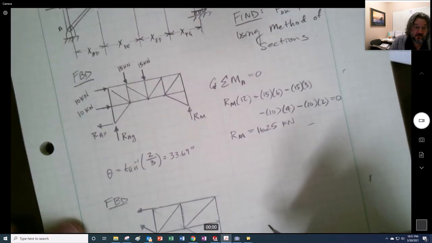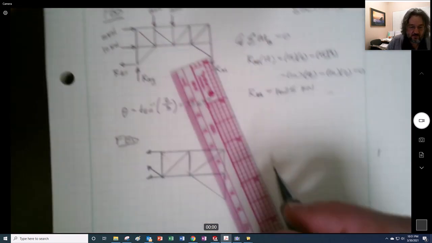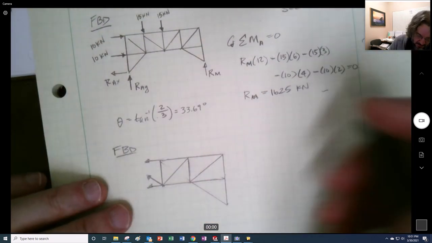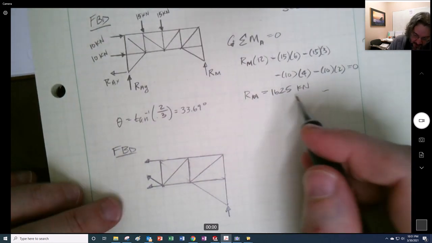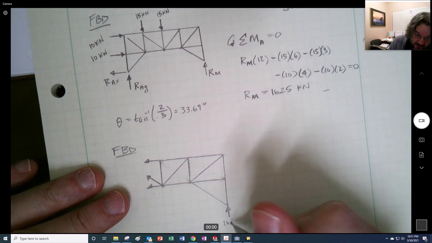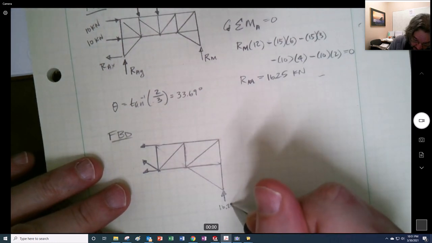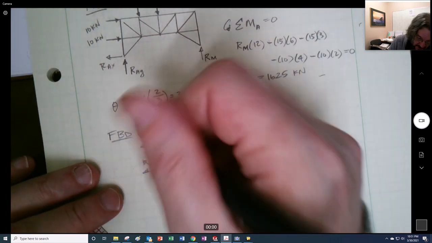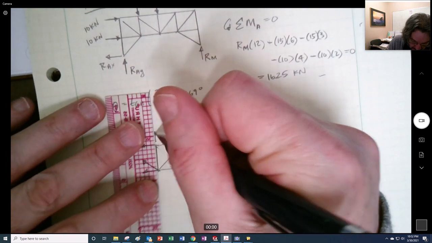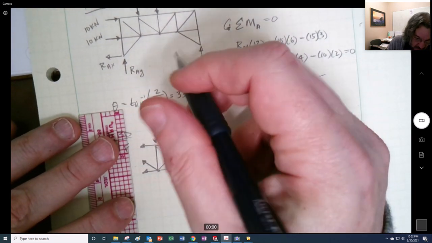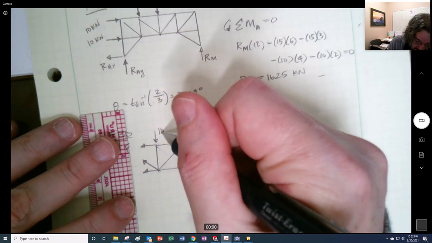And we're going to take, come on. I got this guy right here, and he is my 16.25 kilonewtons. And this is F. Okay, we also have a force right here, and it is 15 kilonewtons.